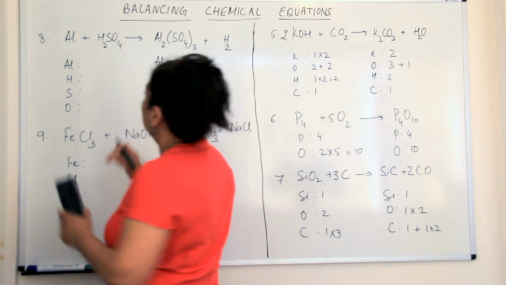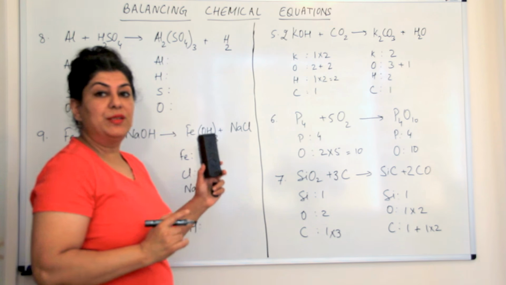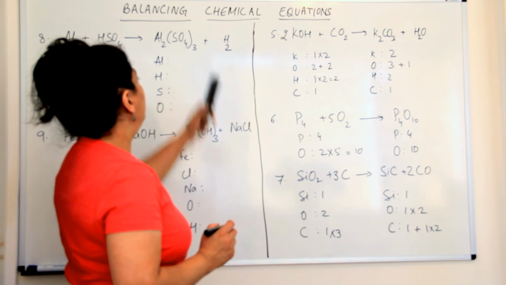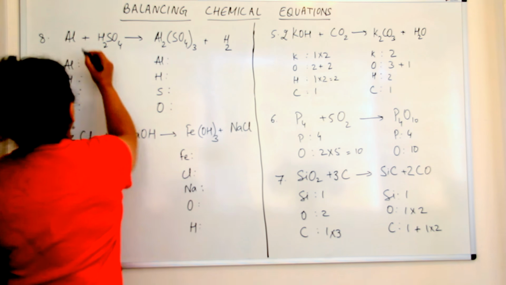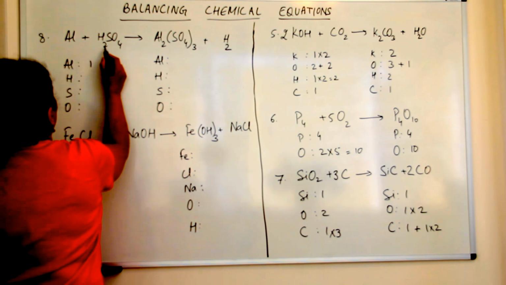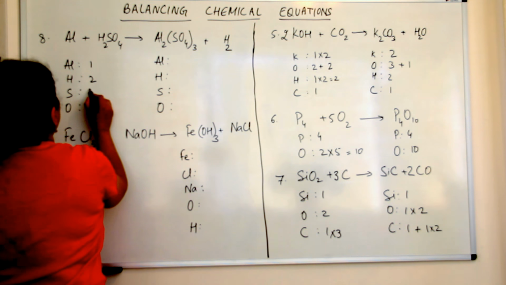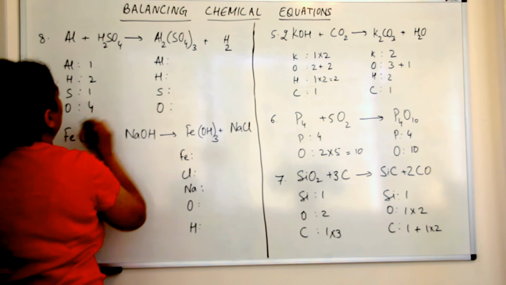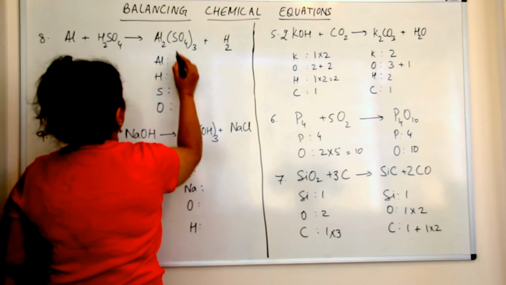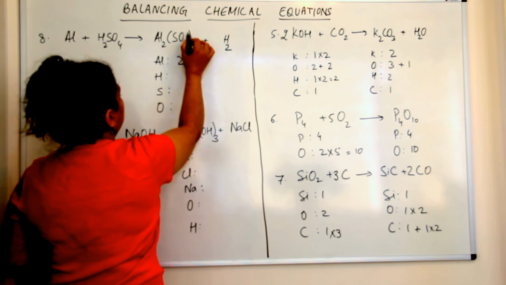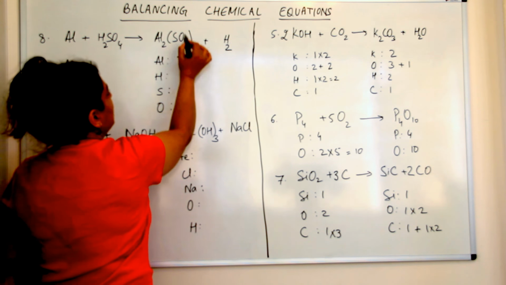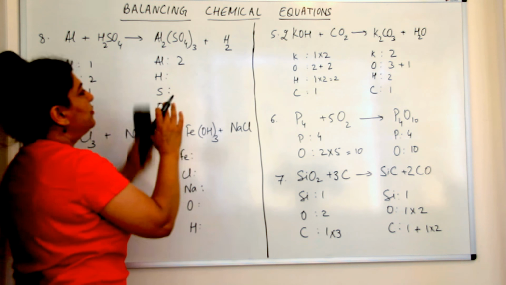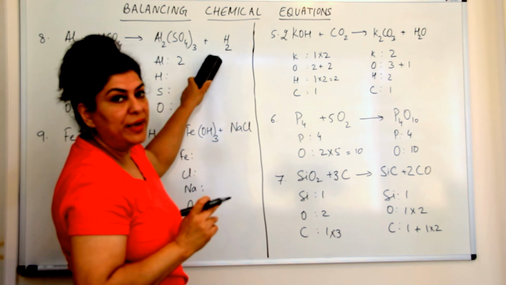Next, aluminium reacts with H2SO4 to give you aluminium sulfate and hydrogen. How many aluminiums? 1. Hydrogen, 2. Sulfur, 1. Oxygen, 4. Aluminum, 2. When you have this parenthesis, the bracket, you have to multiply all the components inside the bracket with the subscript outside the bracket.